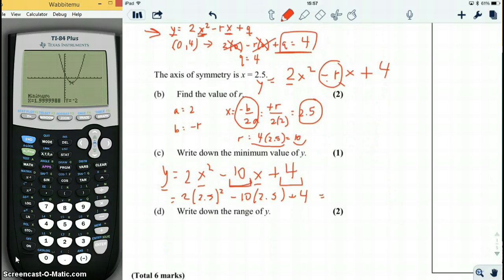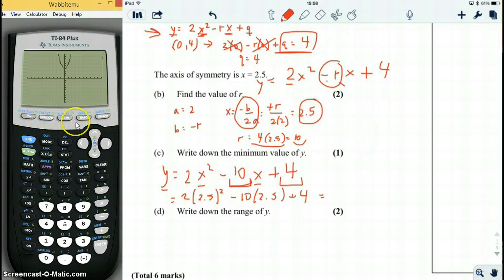The other thing you could do is use a calculator and plot it. So we're going to put in the equation 2x squared minus 10x plus 4. Graph it.